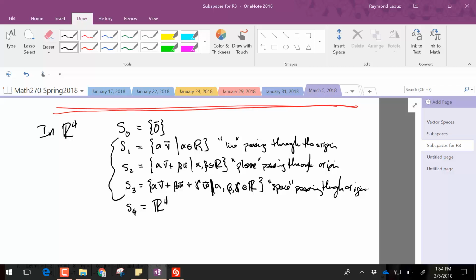Because if any of those vectors are dependent, then you're losing one of the dimensions, right? If you have two vectors and they're linearly independent, they can span a plane. But if those two vectors are linearly dependent, then you're not spanning a whole plane, you're just restricted to a line. Okay?